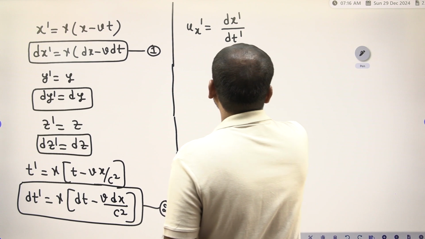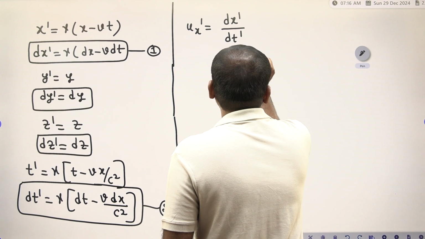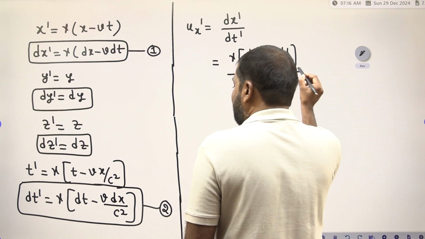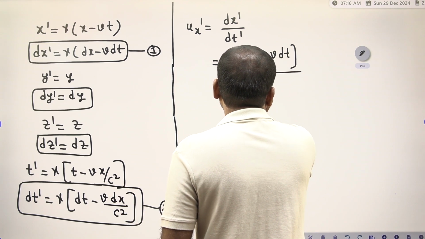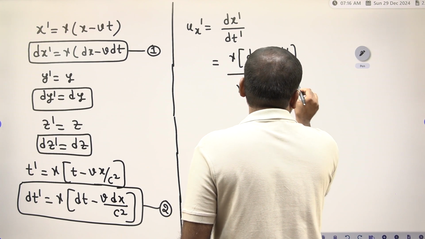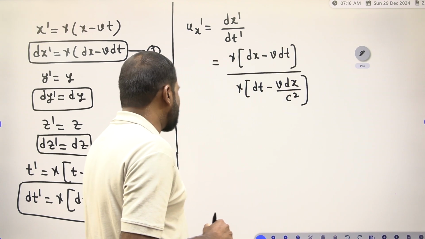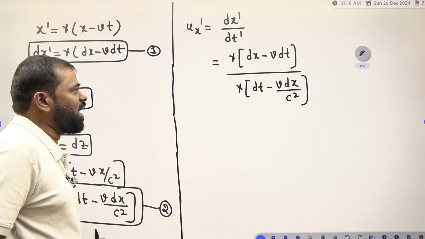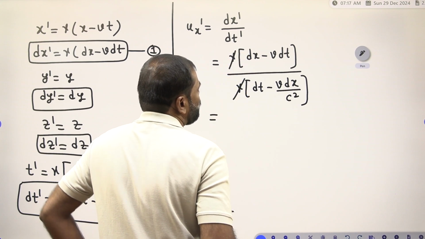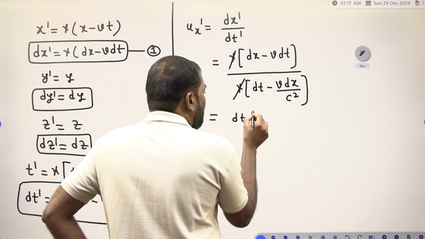Substituting equation number 1 and equation number 2, dx dash is gamma into dx minus v dt, divided by dt dash, which is gamma into dt minus v dx by c square. Now cancel gamma, and then take dt out of the bracket.